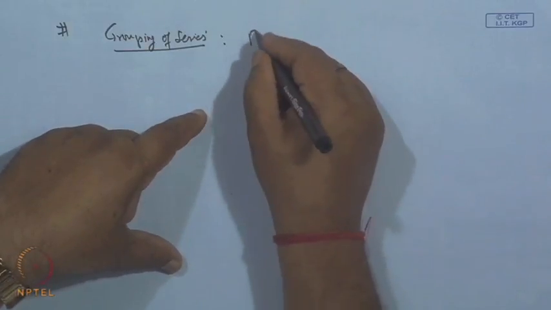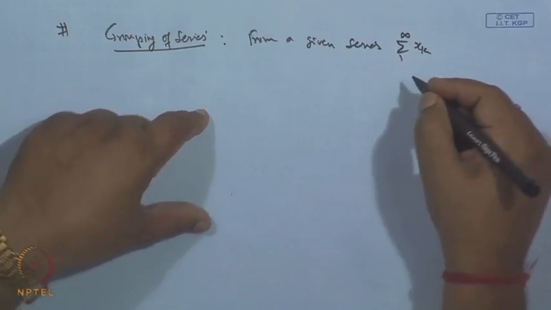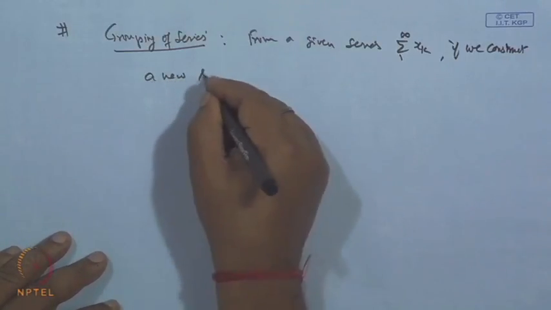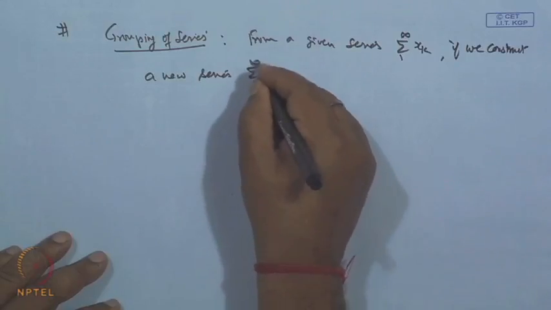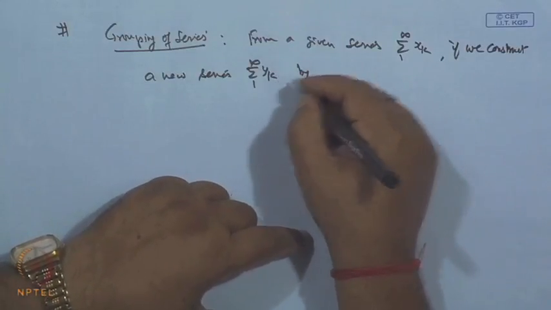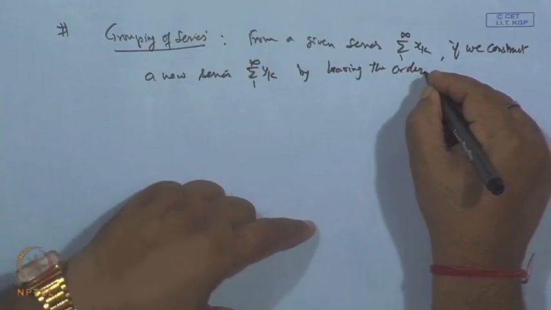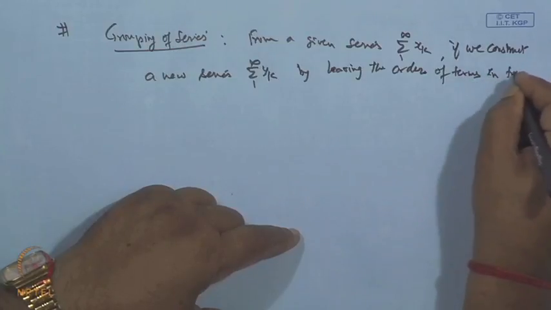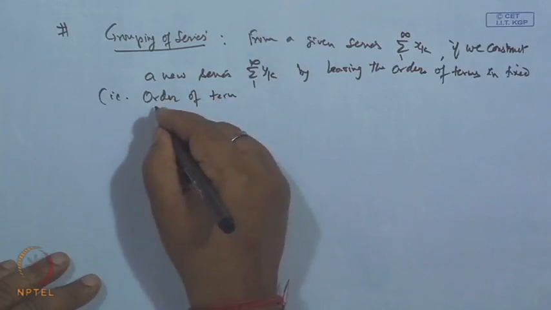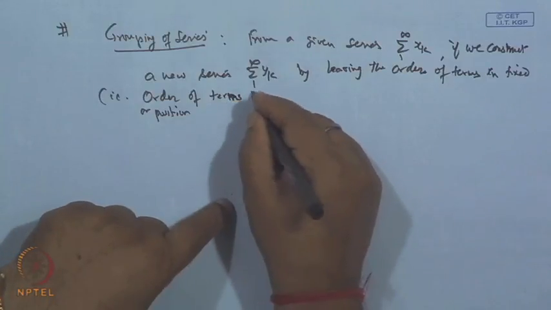From a given series sigma x k, k from 1 to infinity, we construct a new series sigma y k, k from 1 to infinity, by leaving the order of the terms x n fixed, that is, the positions of the terms are not changed.